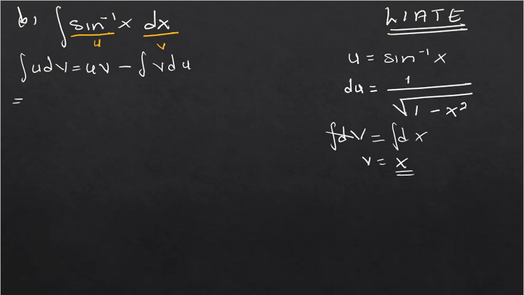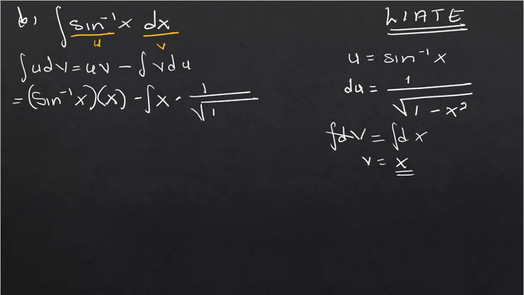What is u? u is sine inverse of x. What is v? v is x, minus, what is our v? Of course, we have x, and du is 1 over square root of 1 minus x power 2. When we reach here, we can multiply, not forgetting the x.